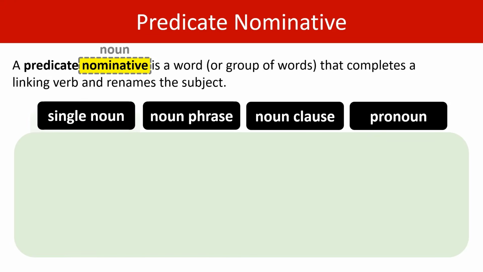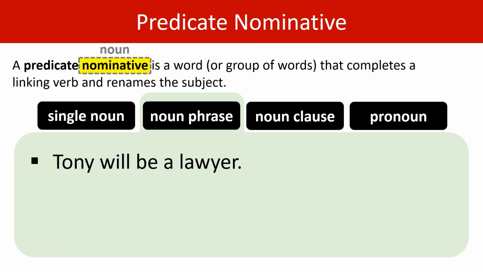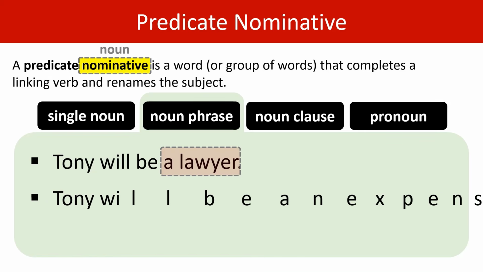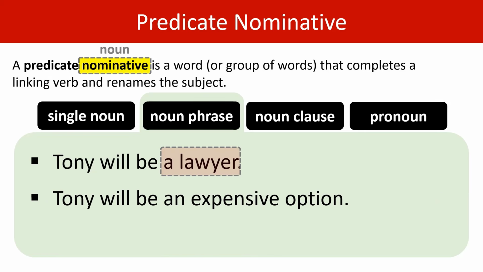Let's look at a predicate nominative that is a noun phrase. Tony will be a lawyer. Well, will be is the linking verb. A lawyer is a predicate nominative. It's made up of two words, so therefore it's a phrase. Here's another example. Tony will be an expensive option. It's a noun phrase and a predicate nominative. Next, noun clause.